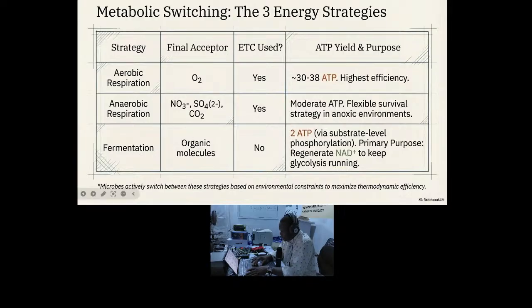Their final acceptor is an organic molecule, which is going to be ethanol. But what we are saying is that the survival level of any microorganism will depend on their ability to maximize their thermodynamic efficiency.